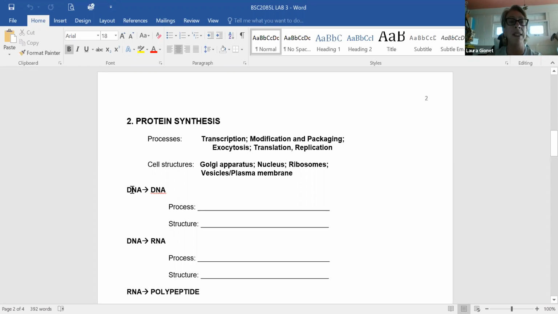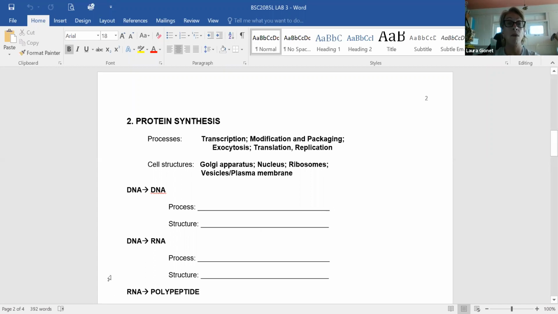So when it comes to DNA, which means that we are replicating, we start with DNA, we end with DNA. That process that's occurring there is replication or DNA replication. That's fine. And the structure in which that occurs is the nucleus.